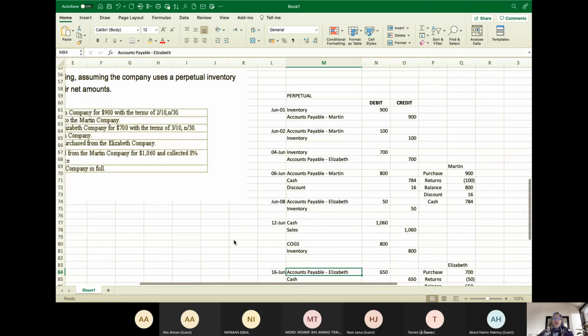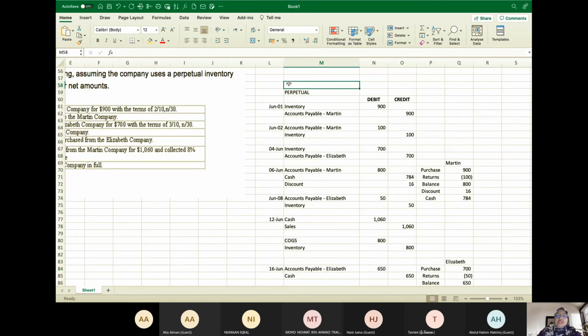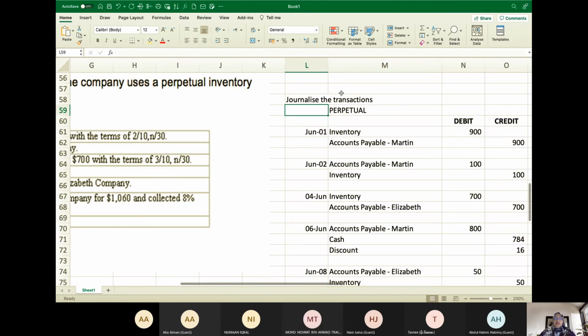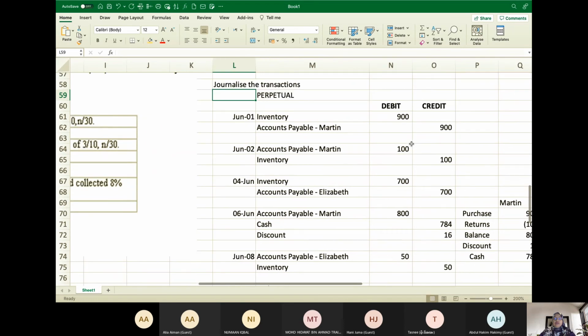So this is a normal requirement for you to do, to journalize the transactions. When you are required to journalize the transactions, you have to show me the debit and the credit, which accounts to be debited, which accounts to be credited.